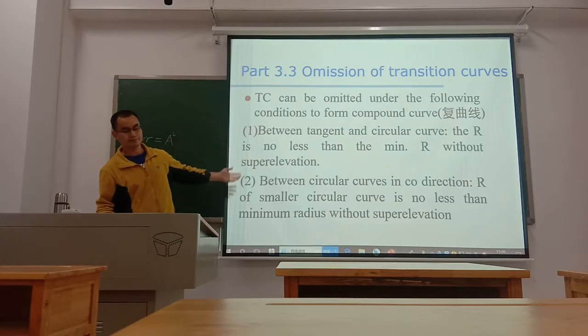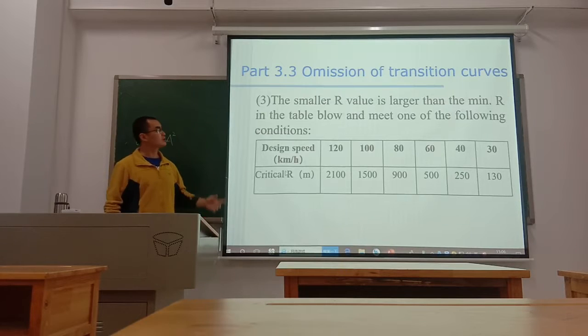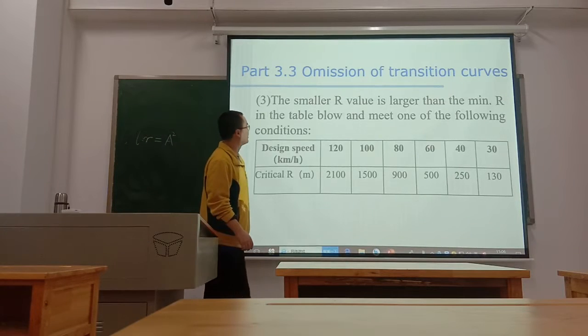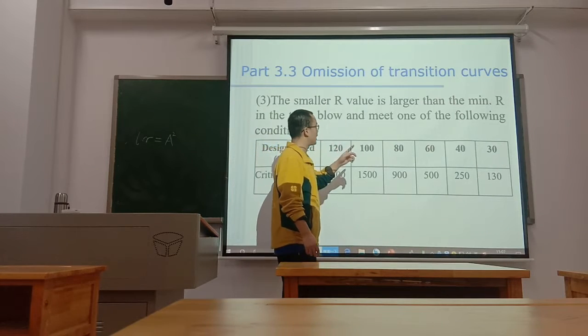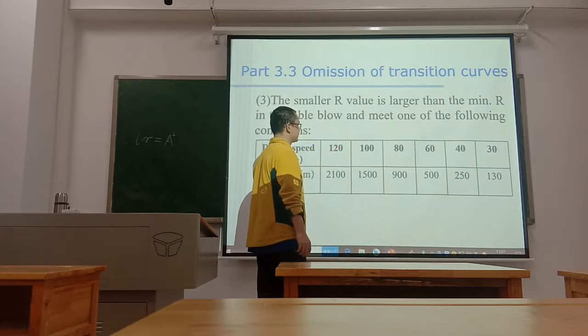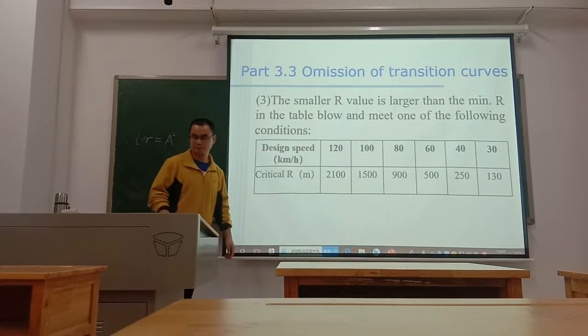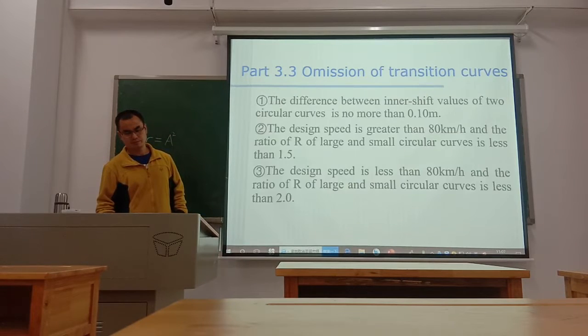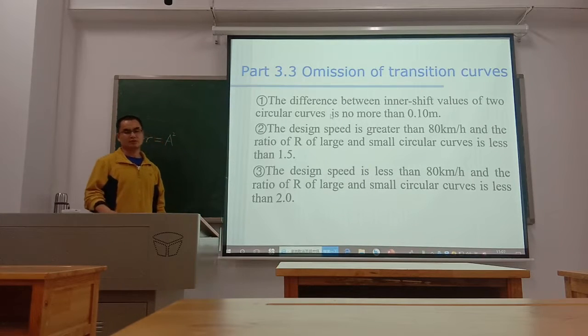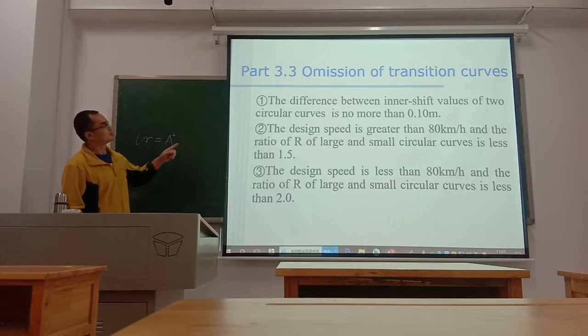The smaller R value is larger than the minimum R in the table below and meets one of the following conditions. One, the difference between the inner shift values of two circular curves is no more than 0.1 meter.